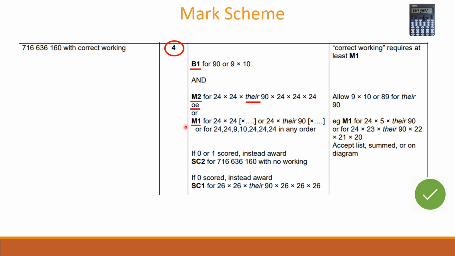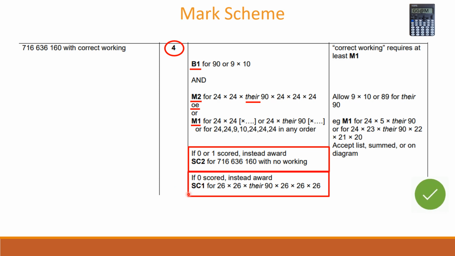M1 means there's 1 method mark for getting any of these values here. This box here shows that if you get 0 or 1 score, you can get 2 method marks for getting this answer. So if you didn't write down how to get your answer, you didn't show your working, you can get 2 marks for writing down 716,636,160.